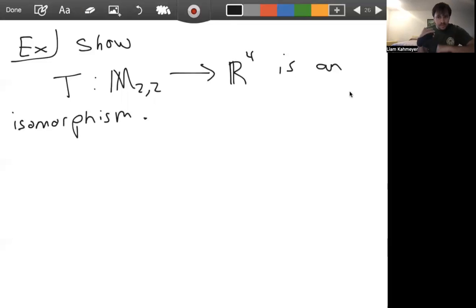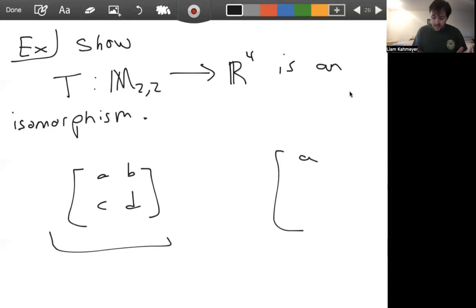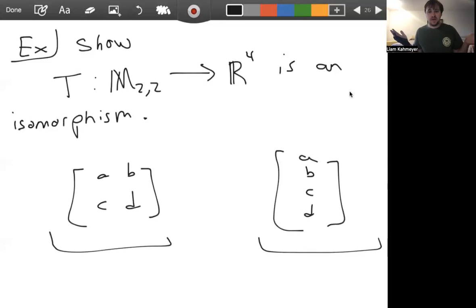And so let me finish what I was saying here for a minute. What this is saying is, as a space, the space of all 2x2 matrices is isomorphic to 4-dimensional Euclidean space. And what I'm saying is, whether you view elements of that as written like this or written like this, it doesn't matter. It's the same space, right?